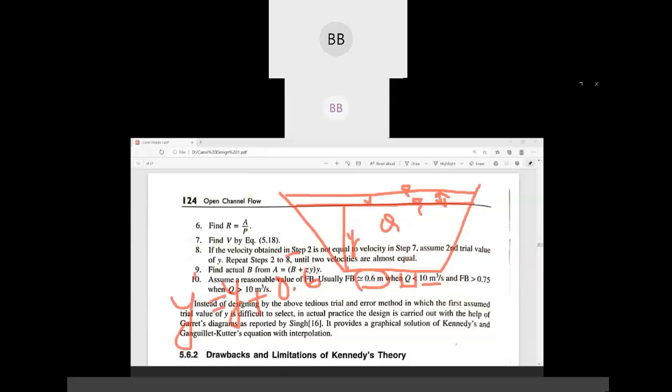This is the y we have designed for Q. If in a worst case the discharge coming is more than Q, then it shouldn't overflow.